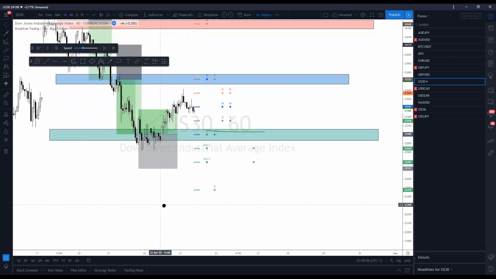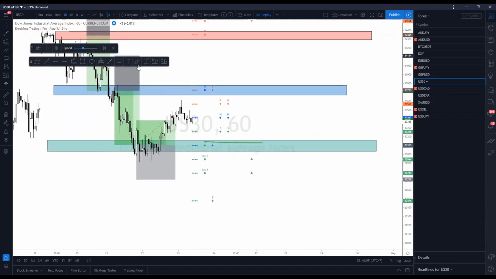So now, one thing I want to highlight is you can see there's a lot of zones in this area. I try to stay away from the market when there's a lot of different levels, because then there's too many bounces in between levels, and there's a lot of consolidation.